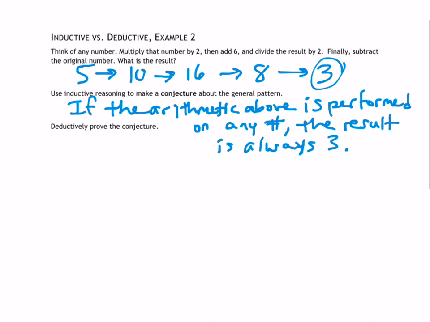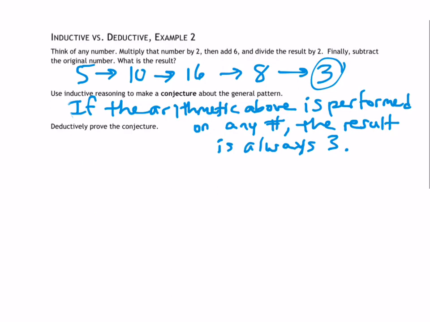So I might say, well, I'm going to start with the number 103.52, and I'm guessing that none of you chose that number as your starting number, but using my premise here, this if-then statement, then my secondary premise would be choosing this number 103.52 and performing that arithmetic, and then my conclusion would be that the result in this case is also going to be 3. So that's one option for using deductive reasoning.